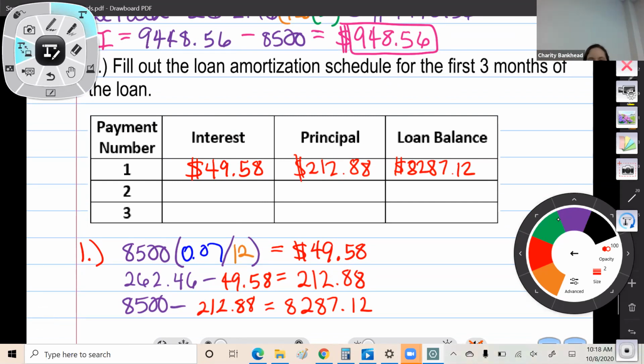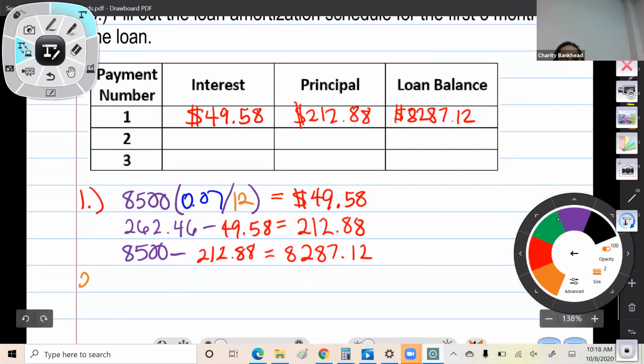So on your first payment, $49.58 of that payment goes to interest, and the other $212.88 goes towards paying off the principal of the loan. So now your balance has been decreased.